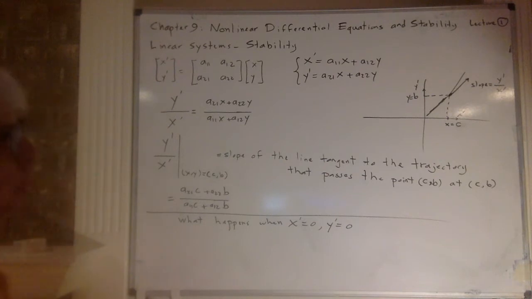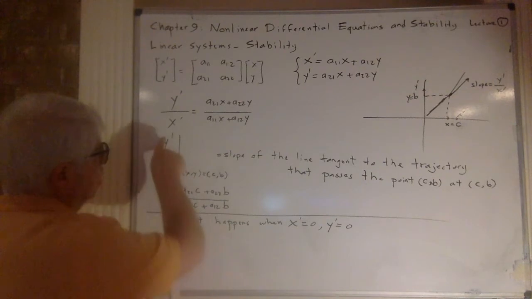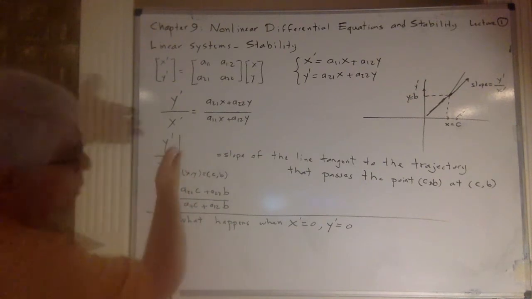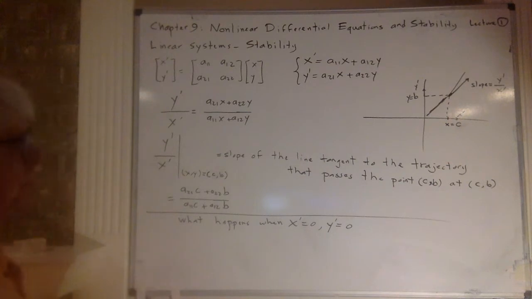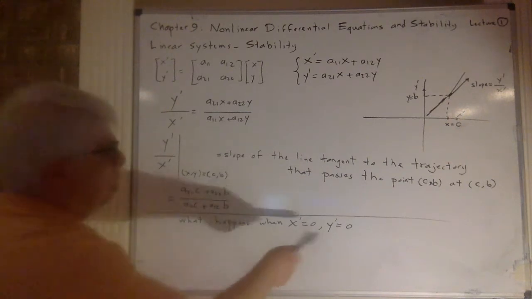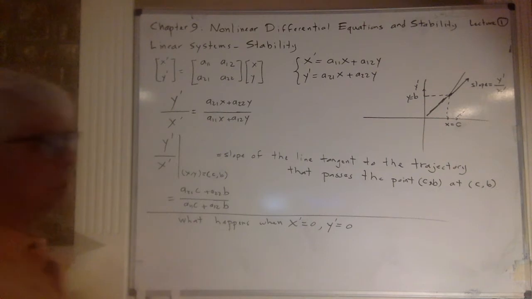And at that point, the slope of the line tangent is in fact y prime over x prime. For every point, it is this number. Now the question is, what happens when these two are zero? Which means that it stops. So the particle has stopped.